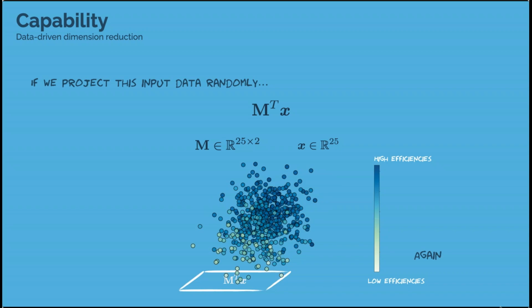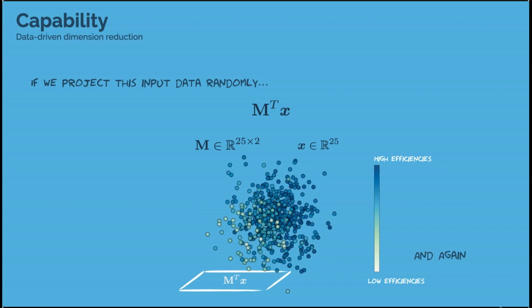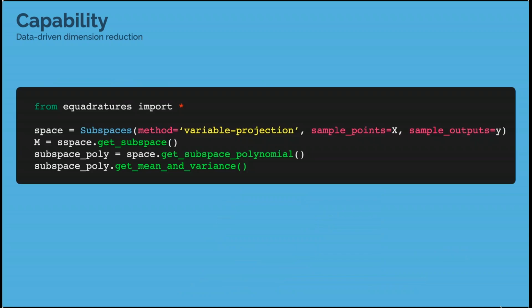And again, for another randomly generated m, and again. So there's absolutely no structure in this data when you project. And the idea behind data-driven dimension reduction is to identify an m that minimizes some sort of objective, typically the error, as you project this high-dimensional data onto this low-dimensional subspace.